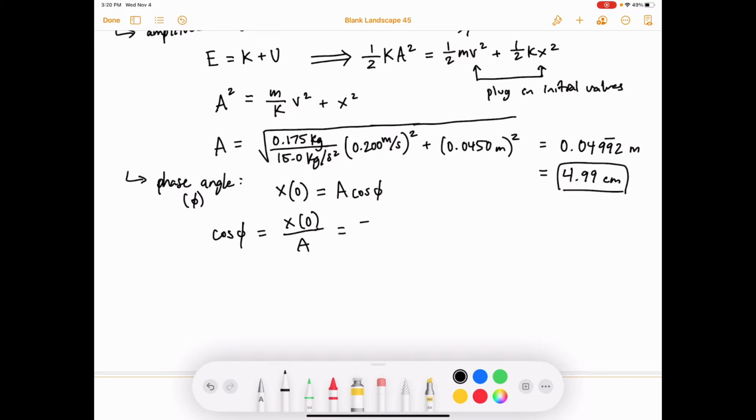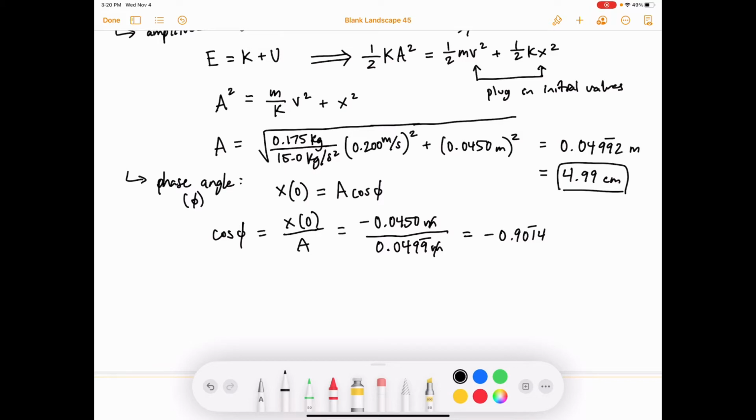So we have negative 0.0450 meters for the initial x value, divided by 0.04992 meters for the A value. So meters cancel out, we just get a number, and that number is minus 0.9014 with 3 sig figs.